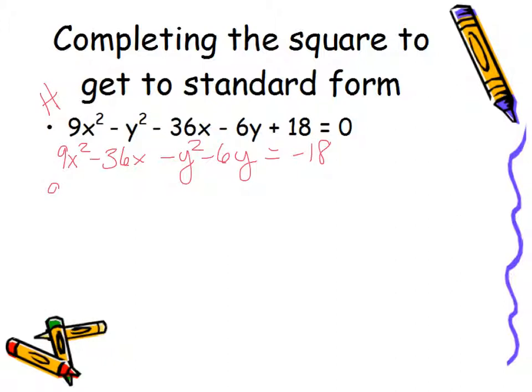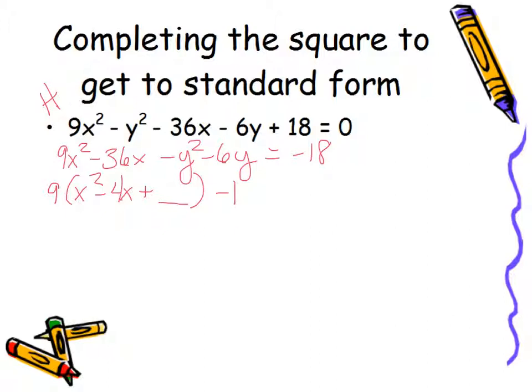So on the x's, factor out the 9, and then leave a gap where you're going to complete the square. And then on the y's, it's actually a -1, and even if there was a number there on a hyperbola, you have to factor the negative out. That's what gets us the minus sign that we want.